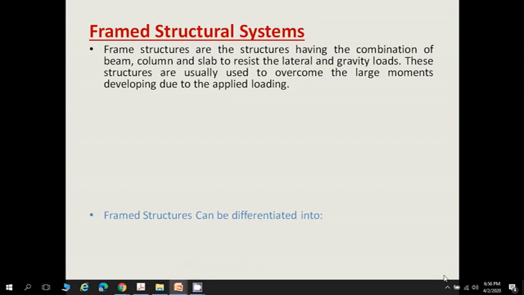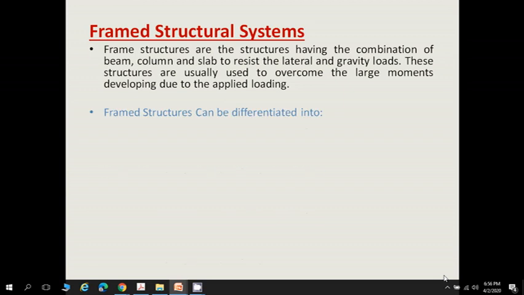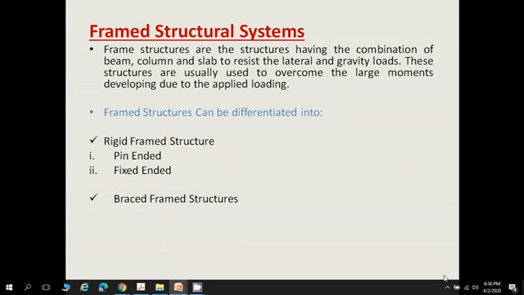These are differentiated into two parts. One is rigid framed structure and another one is braced frame structure. In rigid framed structure there are two types: one is pin-ended and another one is fixed-ended. In braced frame structure these are also of two types: one is gable frame and another one is portal frame.